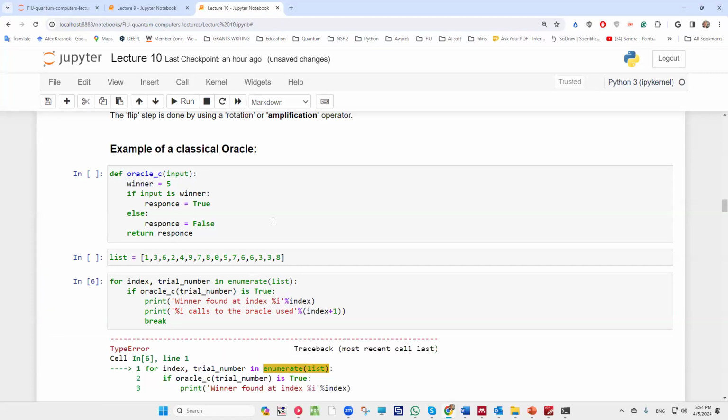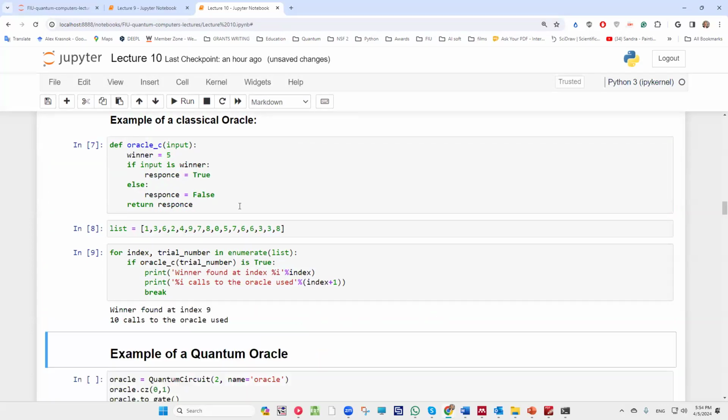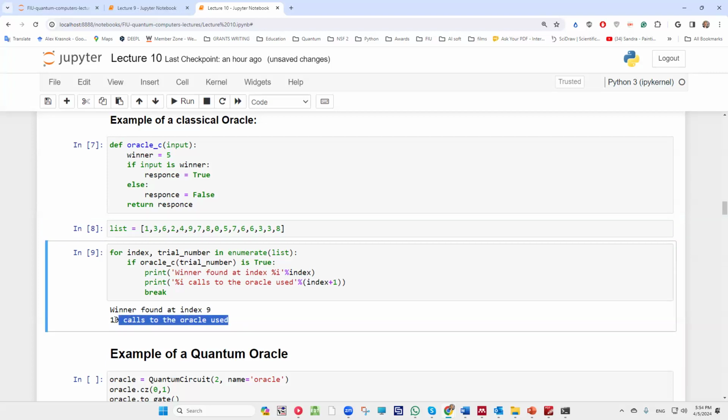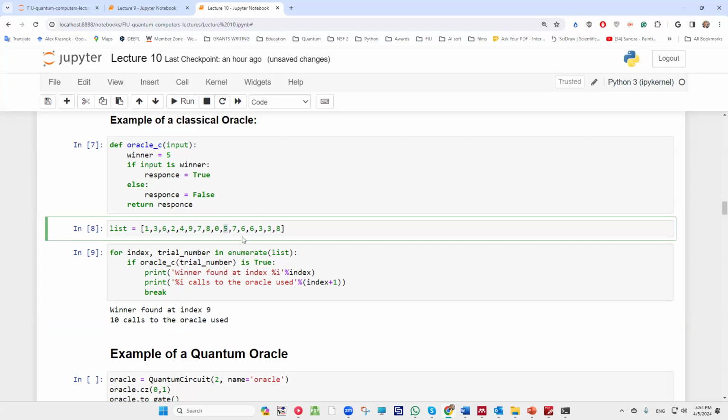Oops, I didn't run this part, and this one. Yeah, so the oracle found the element 5 in this list here, and the index of this element is 9, and it is placed on the 10th position. I remind you that counting starts from 0, and the oracle needed 10 calls to the list to finally locate the element.